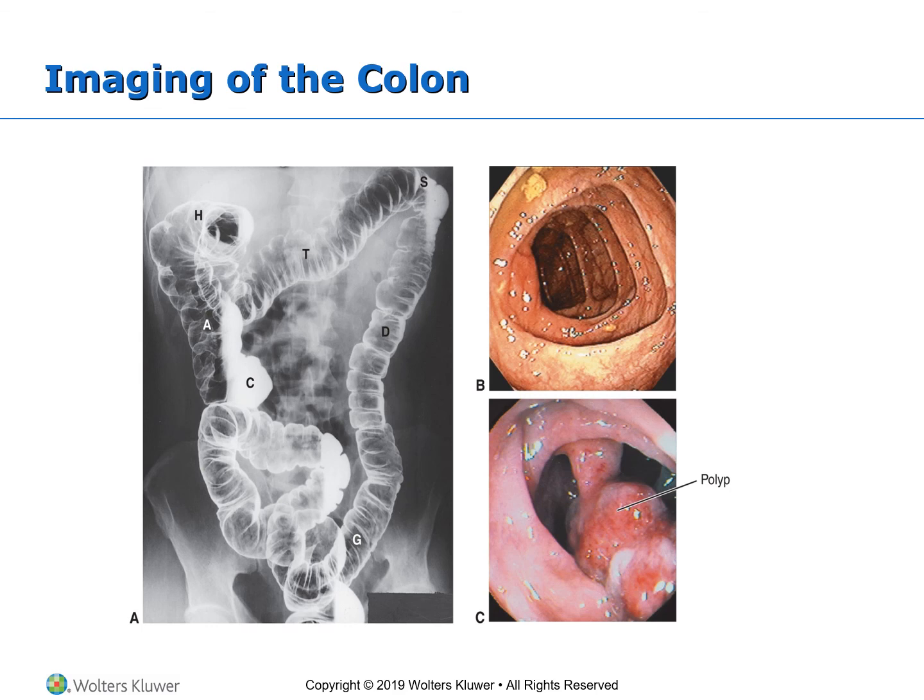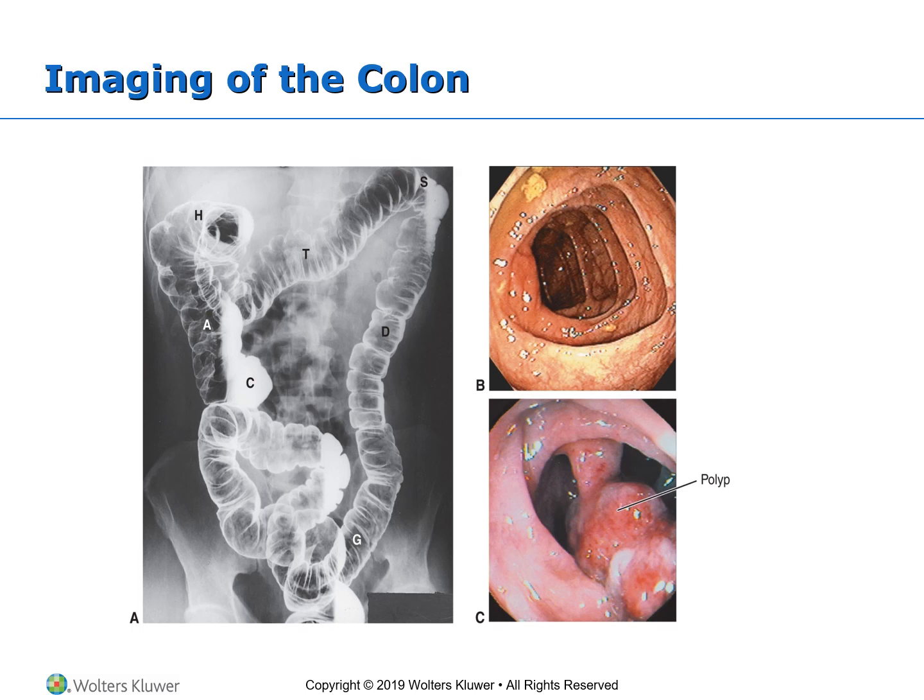Image A is an X-ray study with barium contrast, and you can see how nicely we can see the whole length of the large bowel. Just to give you a little bit of orientation, where you see the letter C, that will be the cecum.